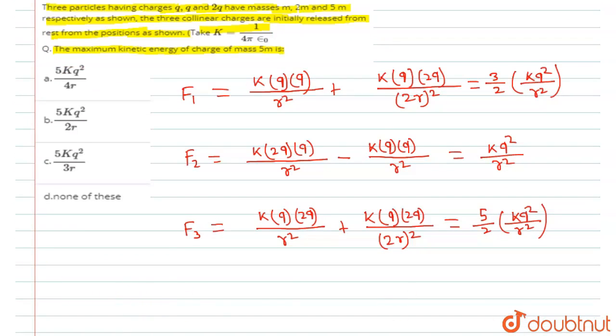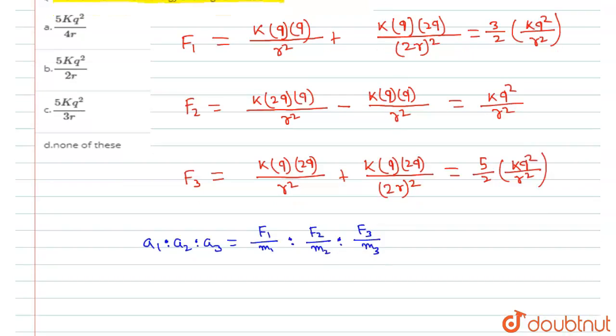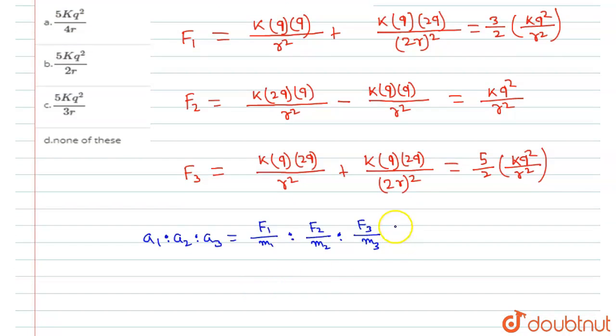Now we can find the ratio of the accelerations A1, A2 and A3. A1 ratio A2 ratio A3 is F1 by M1 ratio F2 divided by M2 ratio F3 divided by M3. KQ square by R square cancels out.